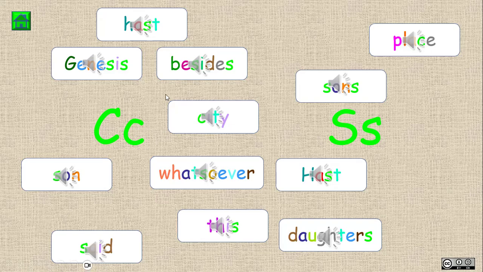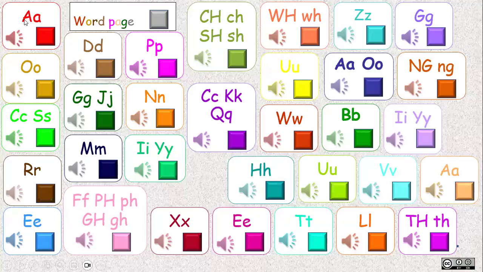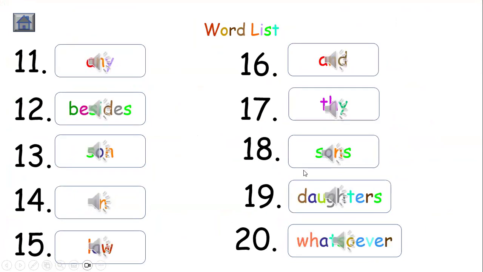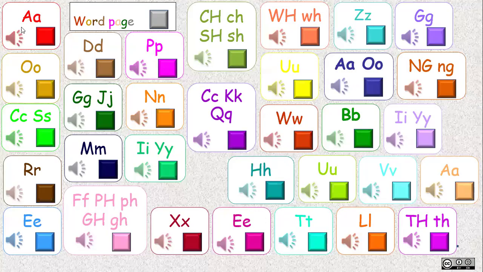We'll find the next word. Go back to the home page, word list, second page, and the word whatsoever. This is a little bit of a long word. The WH together has its own sound, and we will find that it shows the color, sort of a different kind of orange.